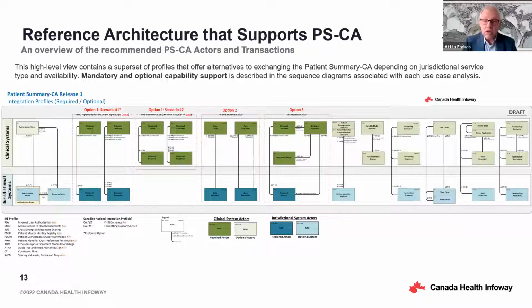Again, this is even harder for you to read than the previous ones. You will have a high quality image on the site. You can download it from there. But what you see here is we segmented the space into the expected government or jurisdictional systems that are usually maintained by e-health organizations or ministries of health, but even hospitals potentially, or other systems.